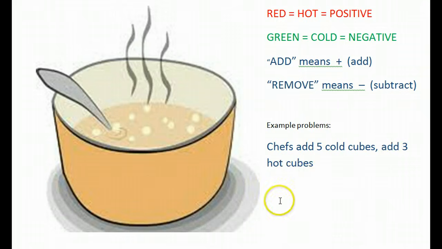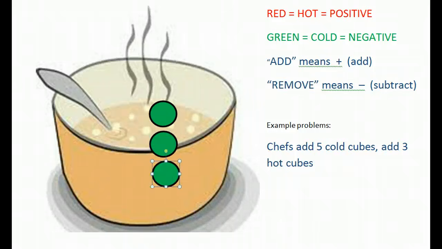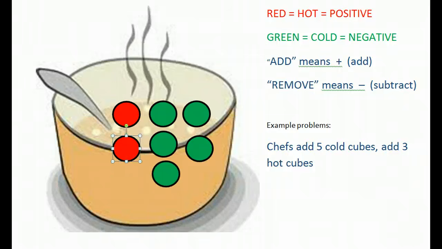So now I've got to do this, and then I've got to write it as a sentence. So let's get those cold cubes in there. 1, 2, 3, 4, 5. They also add another 1, 2, 3 hot cubes.